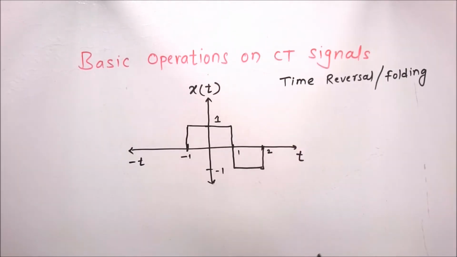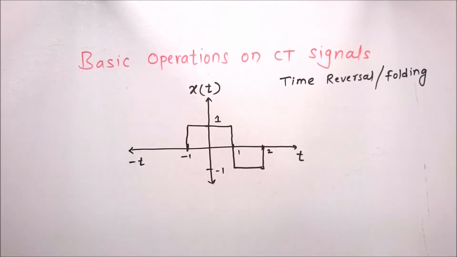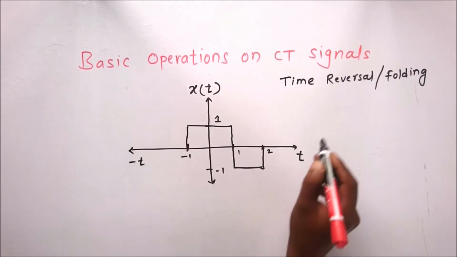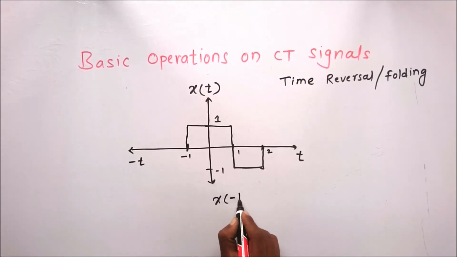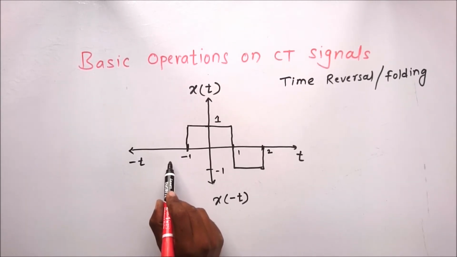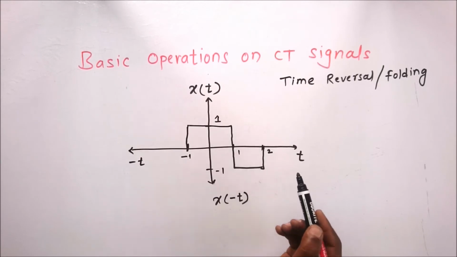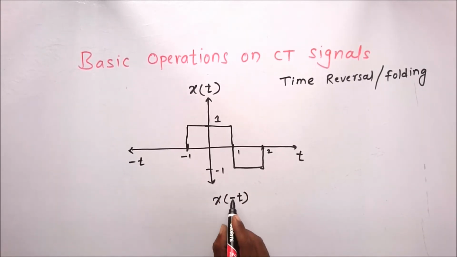Next operation is time reversal or folding operation. This is nothing but we are going to reverse the time. For example, x of t is given and time reversal or folding means we have to find out x of minus t. Whatever values are at t equal to -1 will go to plus, and values at plus t will shift to the minus. Let's draw x of minus t.